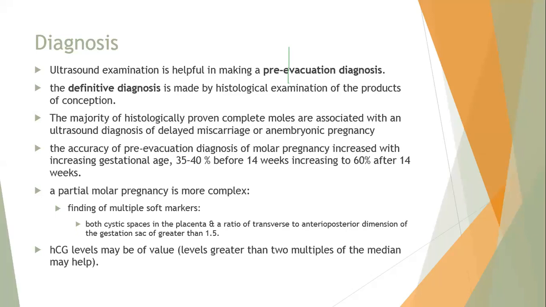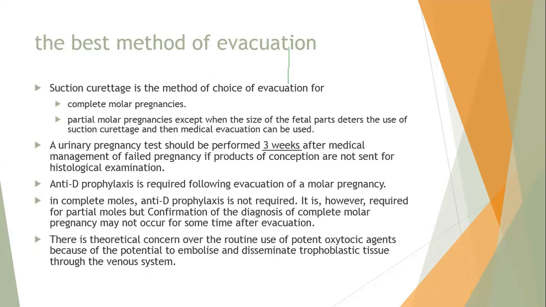Okay. HCG level may be of value. Yes, because if we find a very high level of beta HCG, this is most probably a molar pregnancy, though twin pregnancy can also raise it, but not as high as in molar pregnancy. The best method of evacuation is suction curettage.